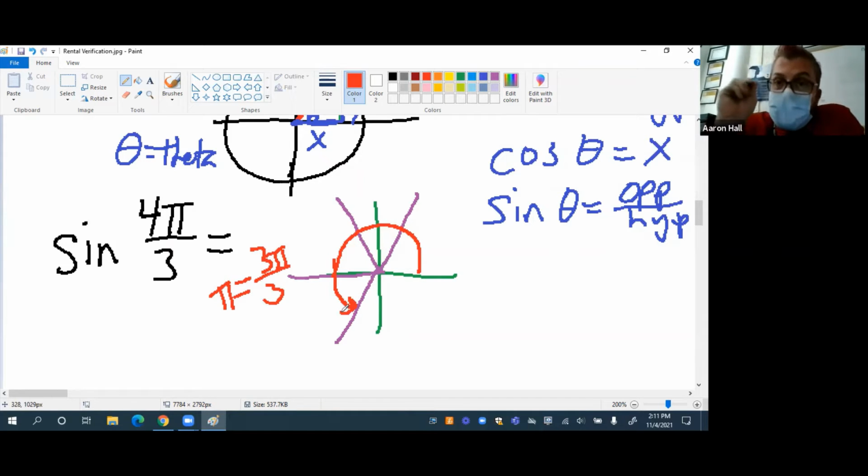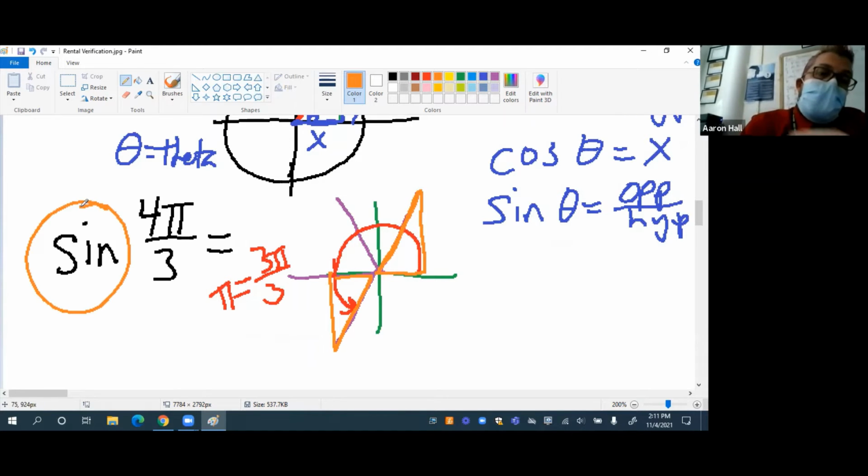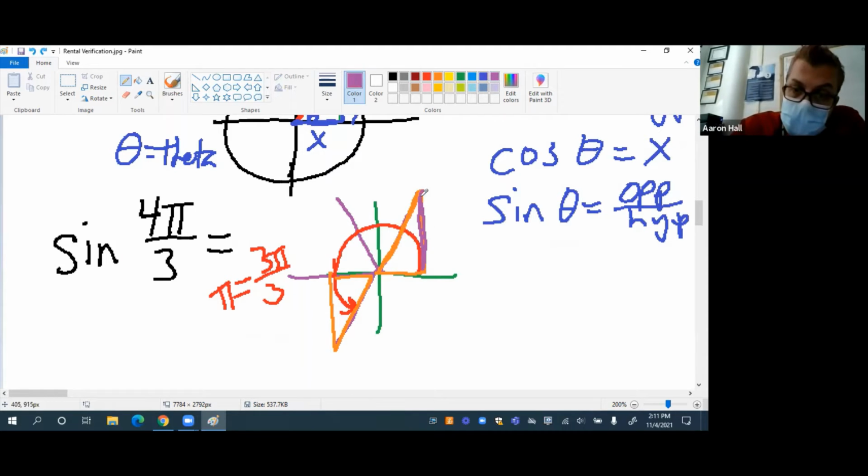But what's really cool is that this triangle here is congruent to this triangle here, which means our sine, is that our x or our y value? Our y value, this length here is the same as this length here, except this length here is what?